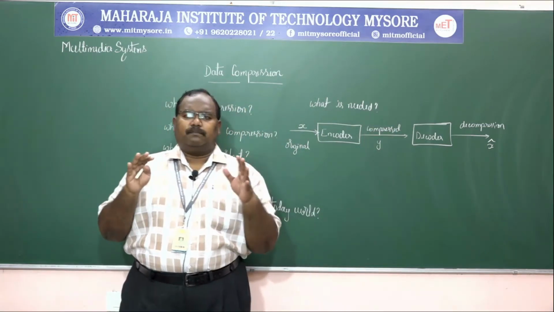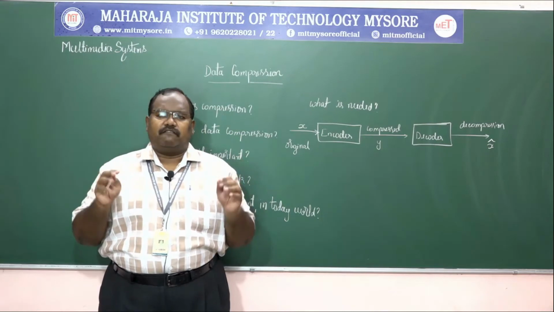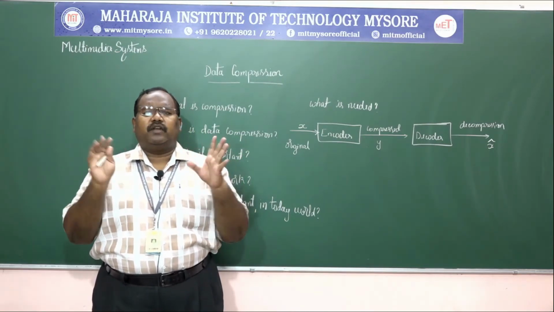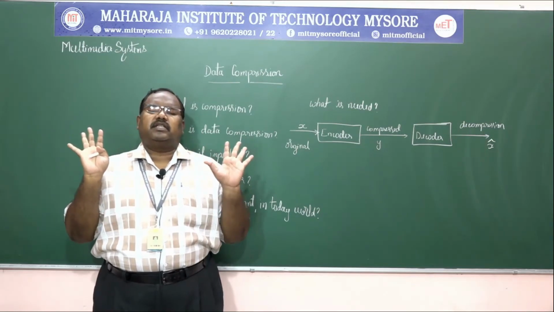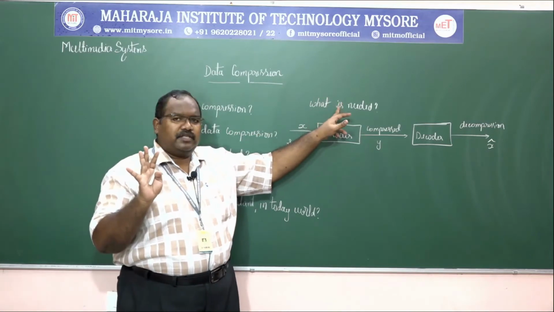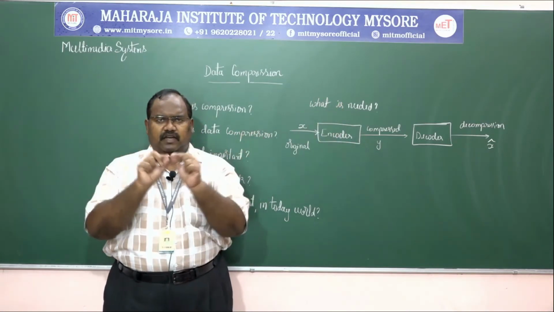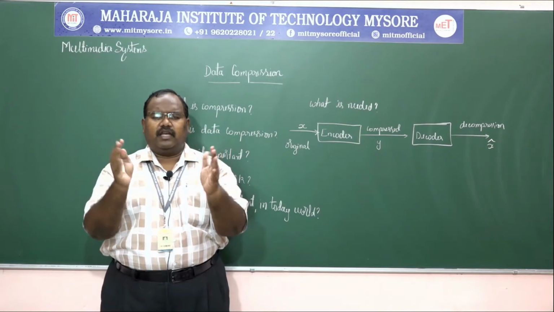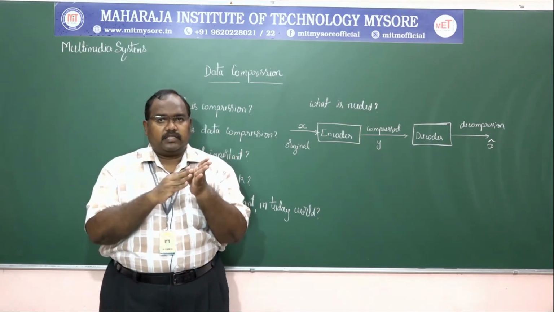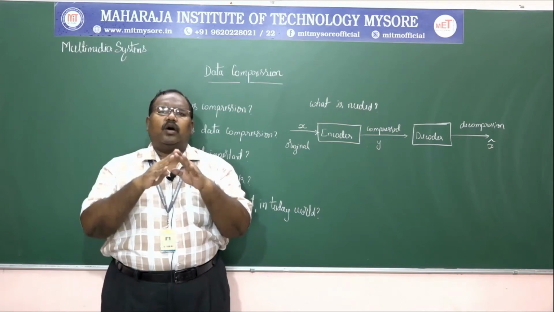The purpose of compression is to make the file, or a message, or any other chunk of data smaller. That's it. The main intention is to make a file, whether a data file or any other multimedia file, smaller. When you talk about multimedia, it might be an image, a video, audio, or anything.